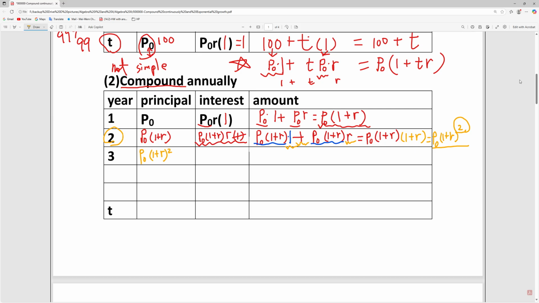And you can guess your new final amount is supposed to be the power of 3. Let's try to prove it.